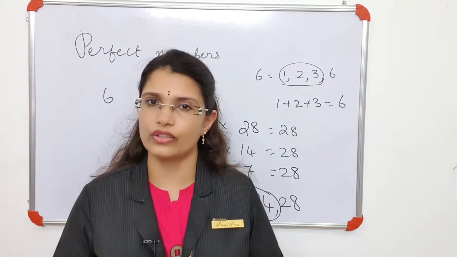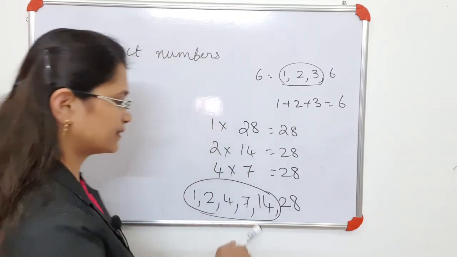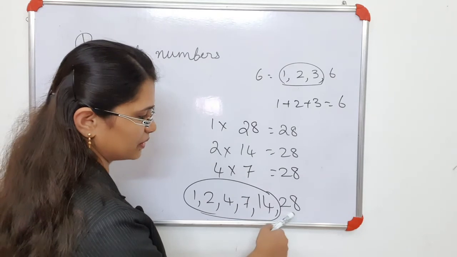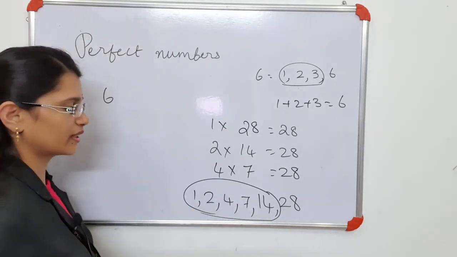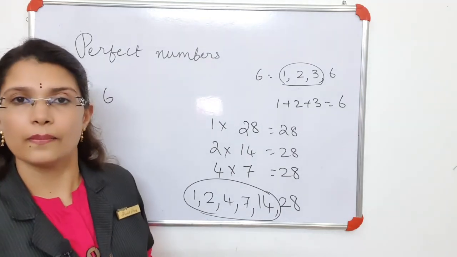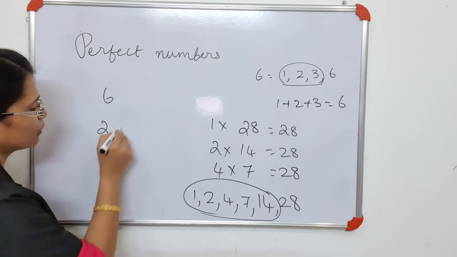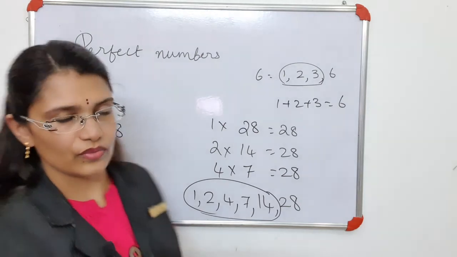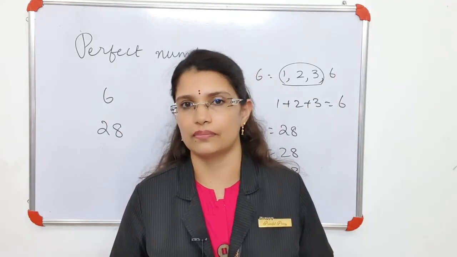So, sum of the factors except the number itself. That means except the number itself. This is the number, right? So, except the number itself, the sum of these factors are called perfect numbers. So, here 6 also, 28 also perfect numbers. So, find out the next two perfect numbers.